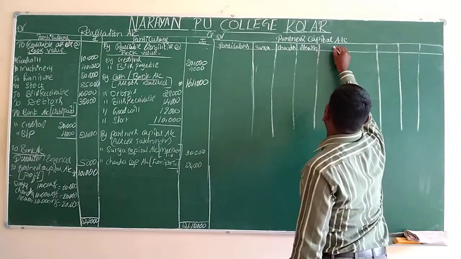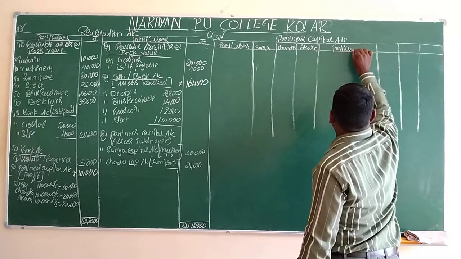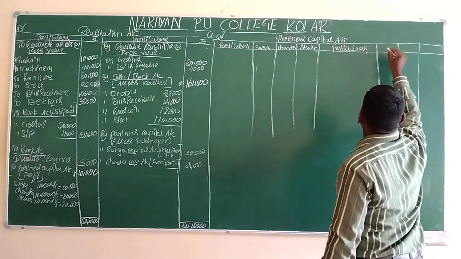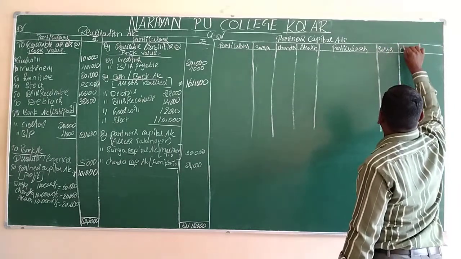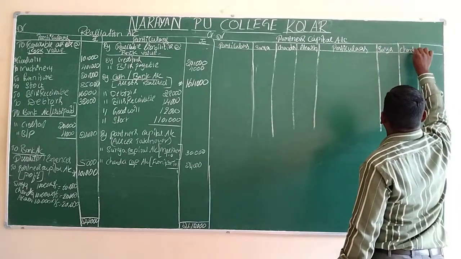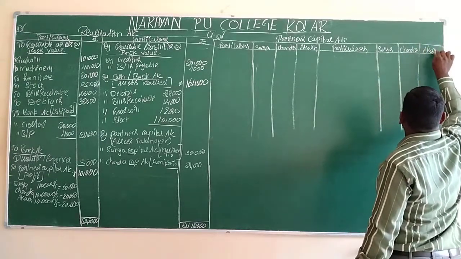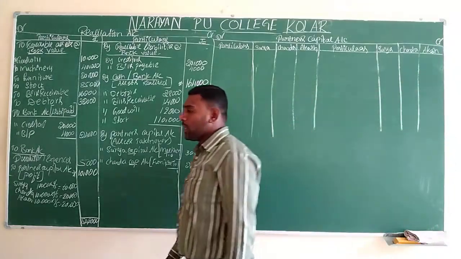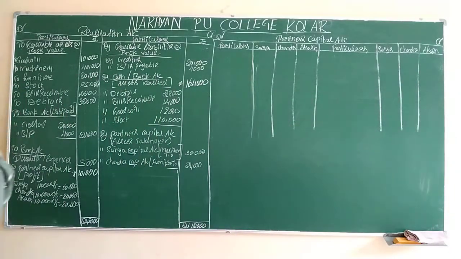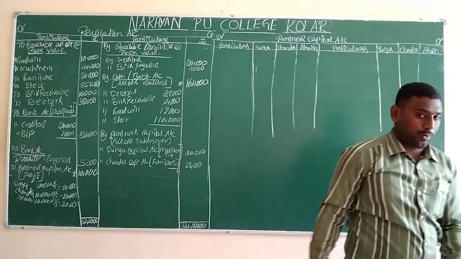Again, on the credit side, particulars: Surya, Chandra, Akash. So these are the columns for the partners capital account.